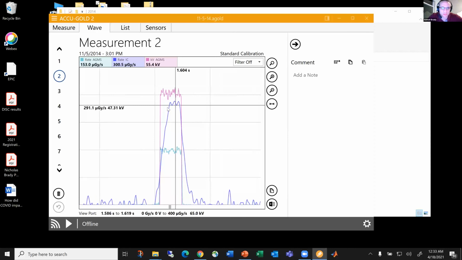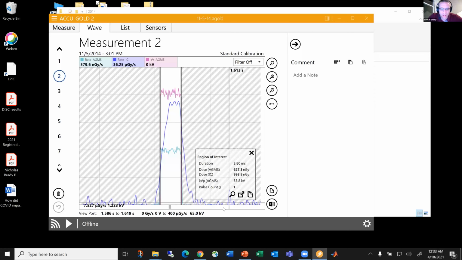And I can come over here and I can measure my pulse width. My pulse width was 3.8 milliseconds right there. Okay, so that's one way to look at this. Obviously, this wasn't a continuous mode. So this is one way for you to go in and check to see what your pulse width is.